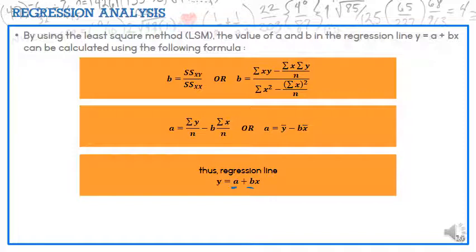So most of the calculation, okay, will be done by using calculator. You have to key in all the data in your calculator and just take out the value from there. So later on, I will give you a link to a video on how to key in your data into the calculator.